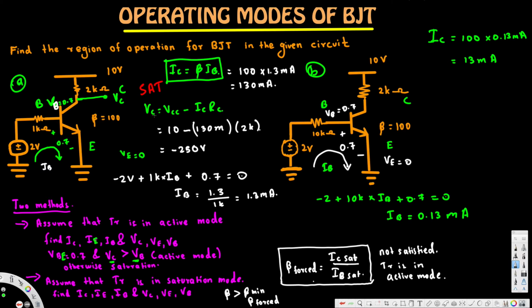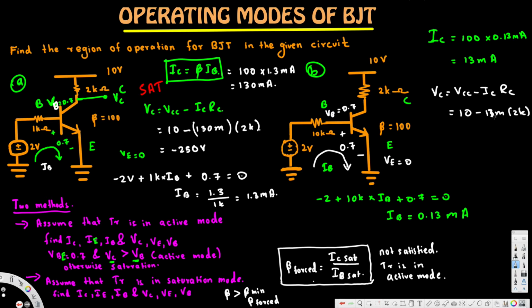Now we have to find out VC. VC is equal to VCC minus IC times RC. VCC is 10 minus IC is 13 milliampere, and then RC is 2K.